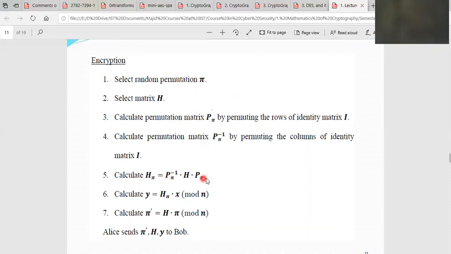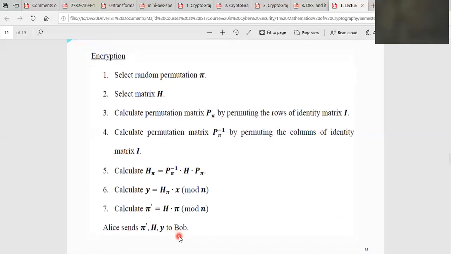Then we calculate Y, which is H pi times X mod, where X is the plain text. Then H pi dash, which is equivalent to H pi, and let's send pi dash, H and Y to Bob. On the receiving end, he has to go from ciphertext back to plain text.